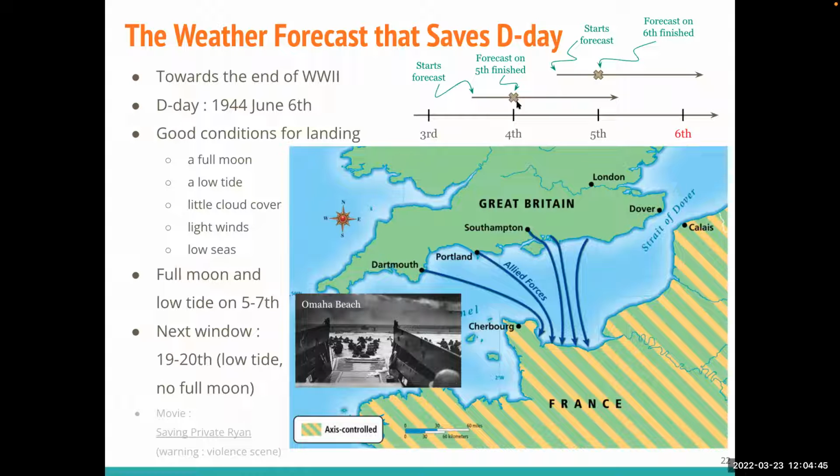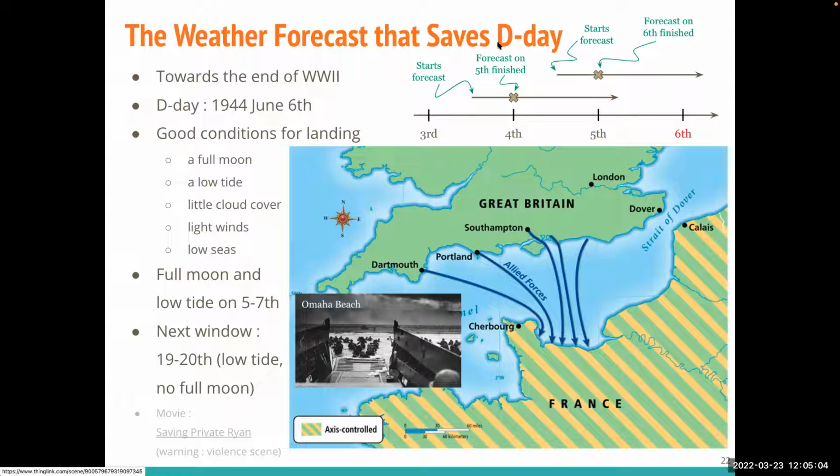So they did another forecast, and then they decided to go ahead and get you back on the 6th. So that's how they decided D-Day to be June 6th, 1944.